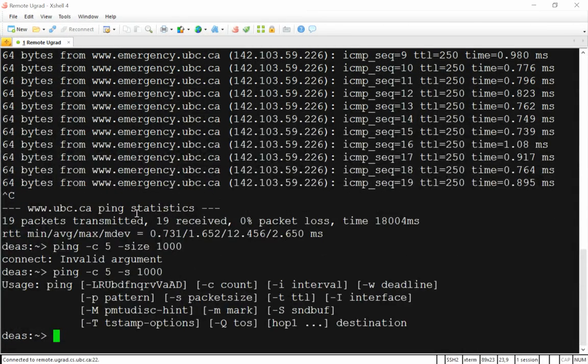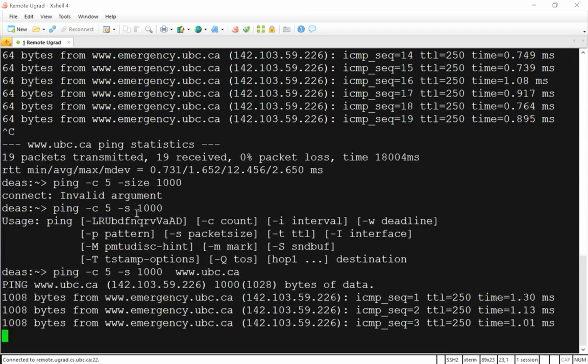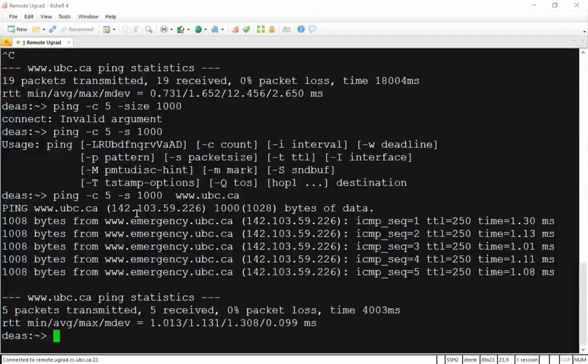UEC.ca or something. We'll see if they will do this for us or not. So 1,008 bytes is 1.3, what does it say there? Yeah, 1.1 milliseconds. And if you look at my other one there, for 69 bytes, it was 1.6 milliseconds. So in fact, this takes less time than before. That's maybe not intuitive.